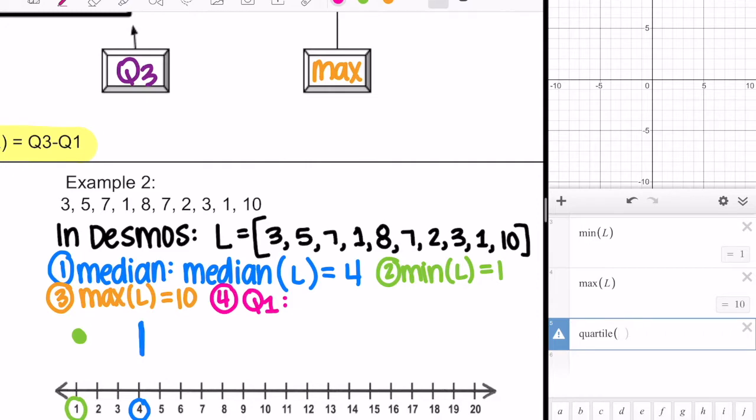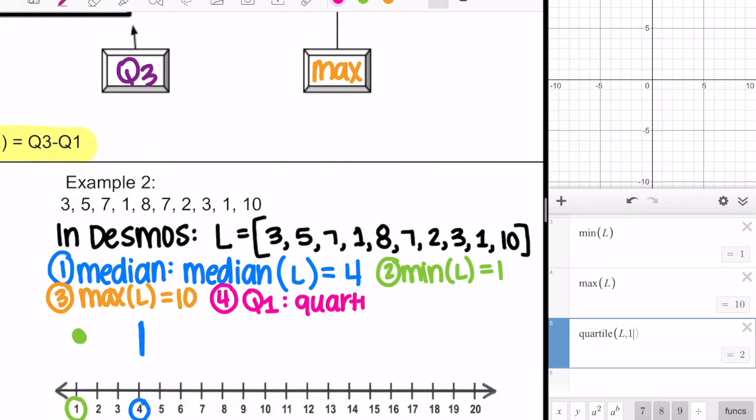And then we have to say we want the quartile of our list L, but we want the first one, not the third one right now. So quartile of L, comma 1, and that gives us 2. So 2 is our first quartile.